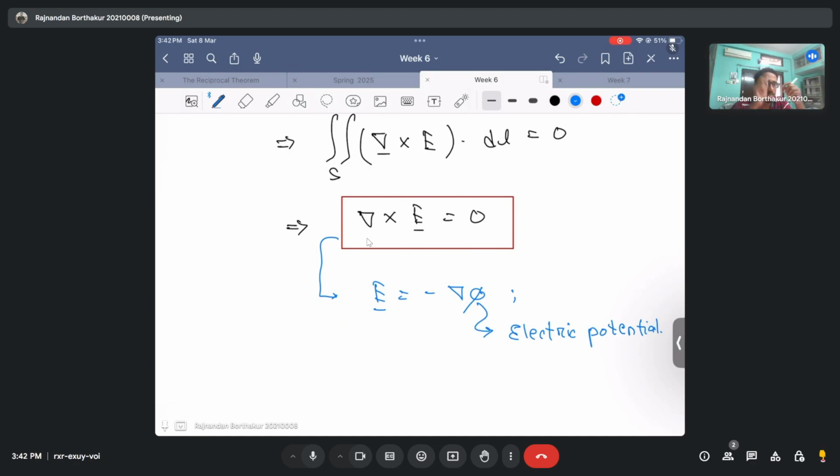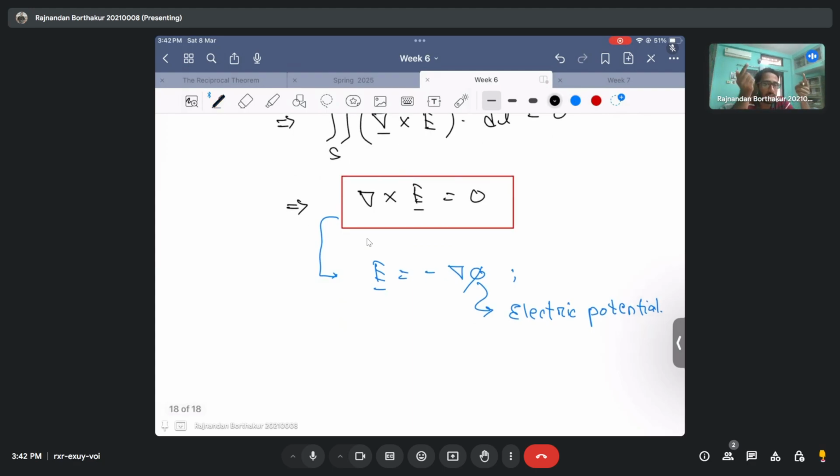So I hope you can now draw the idea. If I have a conservative field, its curl is always zero, and if its curl is zero, then you can write it as a gradient of a scalar function. And that scalar function is sometimes called the potential.